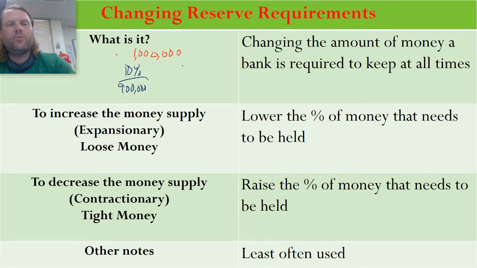If we set the reserve requirement at 20%, that means the bank can loan out 800,000. And if we set the reserve, say, at 5%, that means the bank can loan out 950,000.